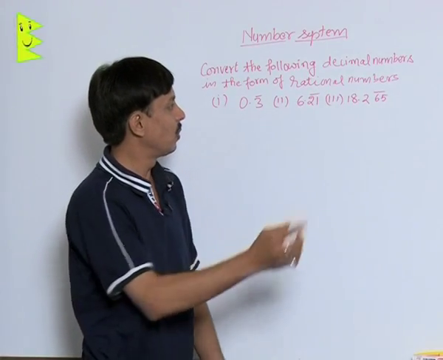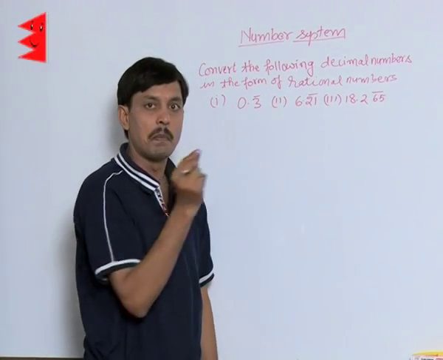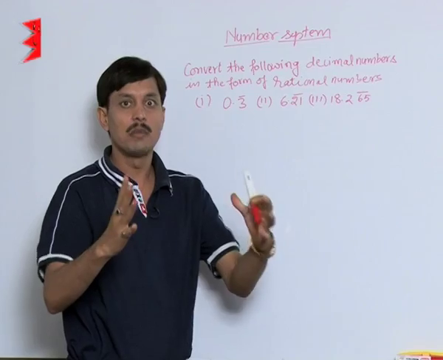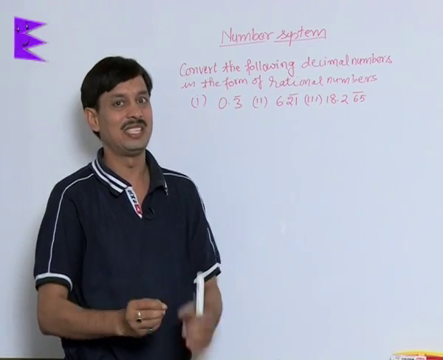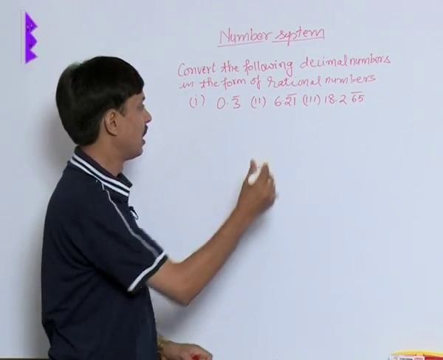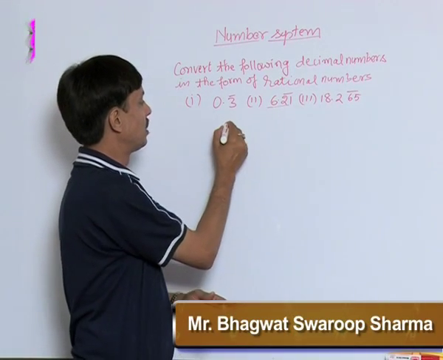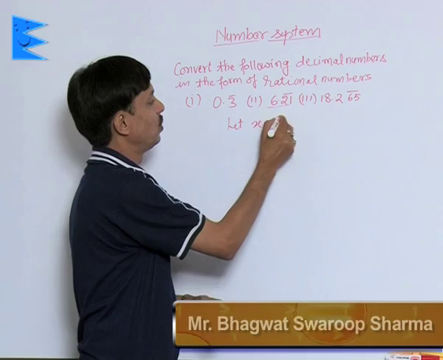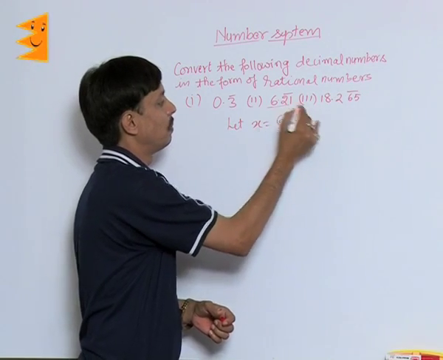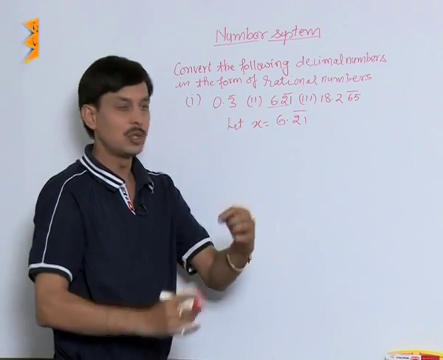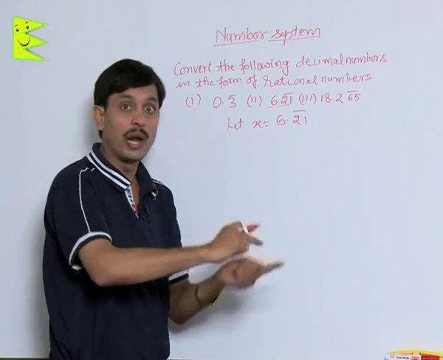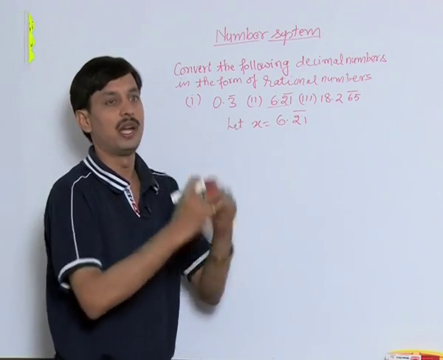Now how to convert 6.21 bar in the form of P by Q, that is in the form of a rational number. If I take the second part, same way I will say let x equal 6.21 bar. 21 bar means both the digits 2 and 1 repeat infinite times.